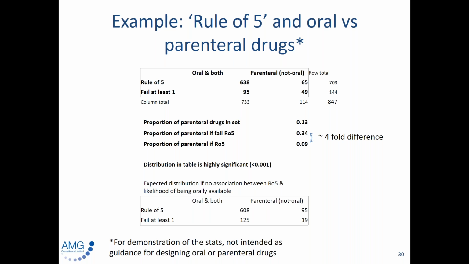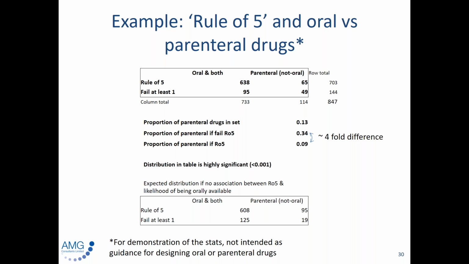looking at how 847 compounds would distribute themselves if you had a random distribution where you still had this kind of bias towards rule of 5 and oral, and this is the kind of distribution that you would get. So really the statistical test is asking the question, how different is what we see in the true case from what you would see from this expected random distribution?